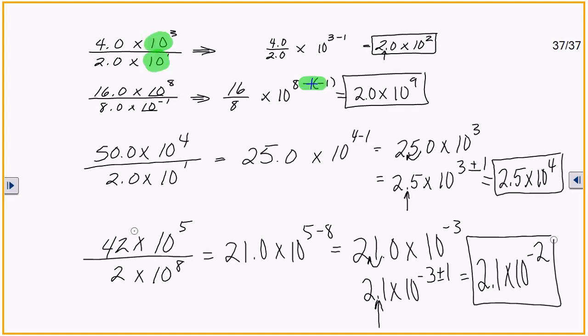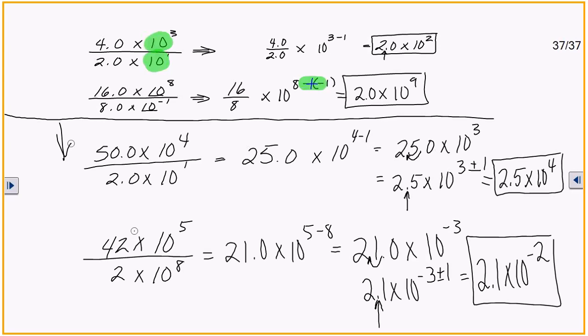And now you see why people have problems not with 66%, but they only have problems with the 33%, which is the problems that do not come out in scientific notation. They just write the answer is 25 times 10 to the 3rd and 21 times 10 to the negative 3rd, and they get the whole problem wrong.